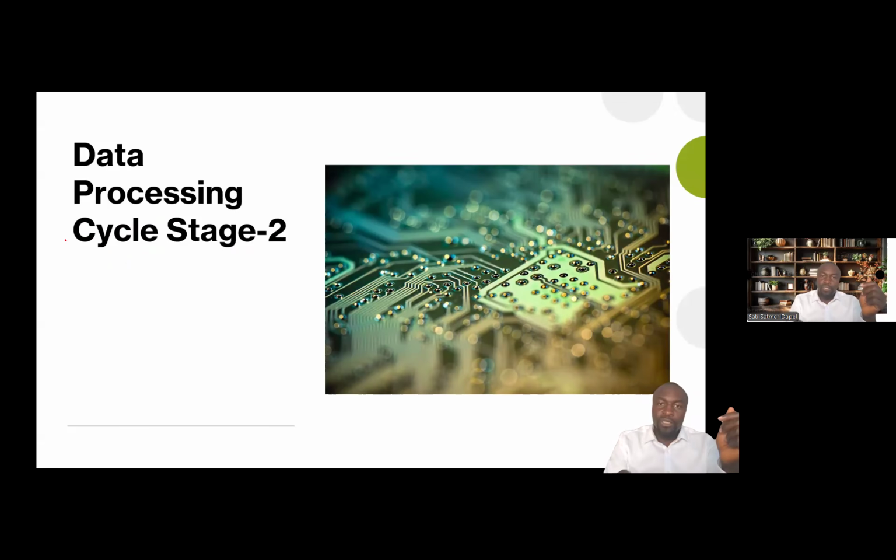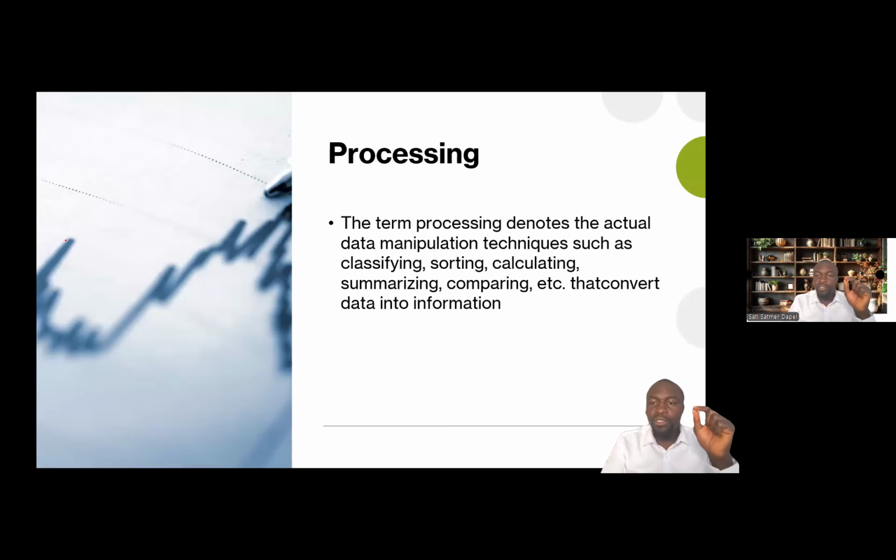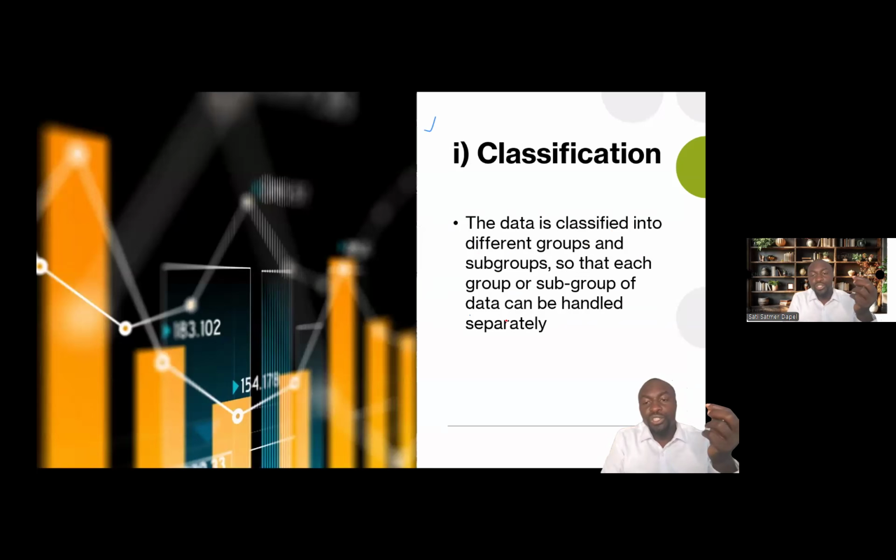Now, for data processing, it says the term processing denotes the actual data manipulation technique, such as classification, sorting, calculating, summarizing, comparing, etc. That converts data into information. This is processing. Now, processing also has its own stages.